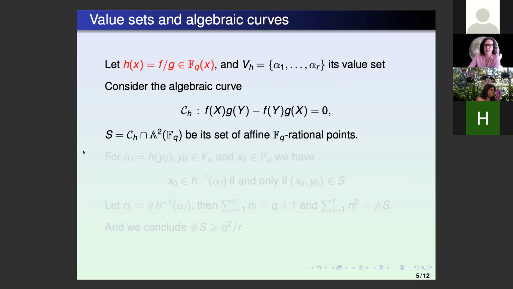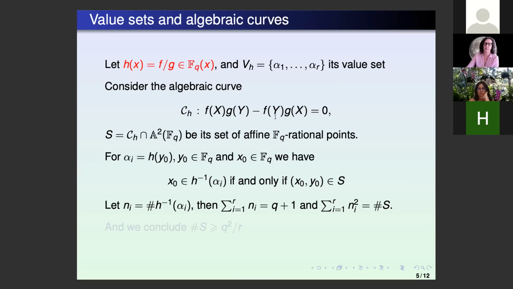Now we call S the number of affine rational points on the curve, so the points over F_q and affine. We start noticing that if I give you any element in F_q that's in the value set, alpha_i equal to h(y0), and x0 any other element in F_q, then x0 is also in the pre-image of alpha_i.